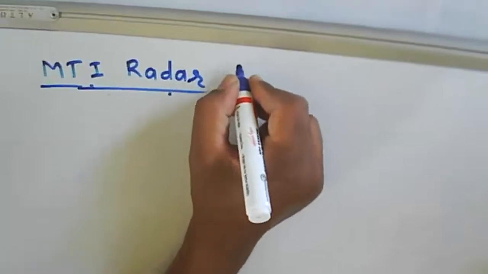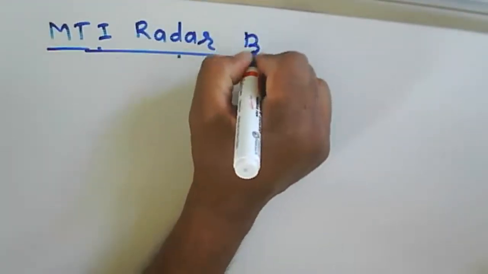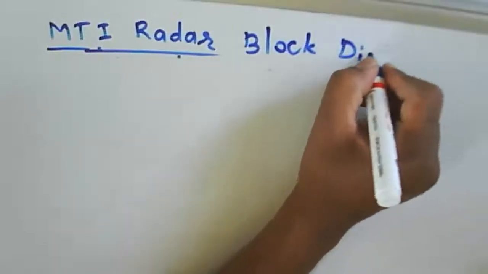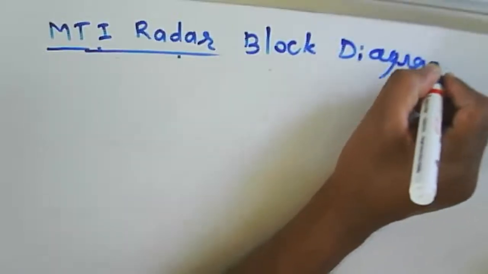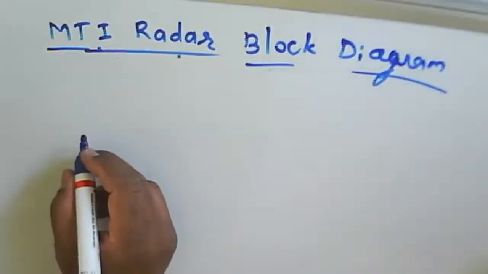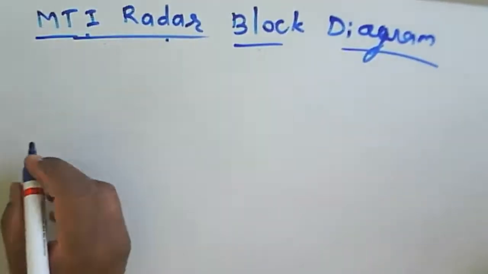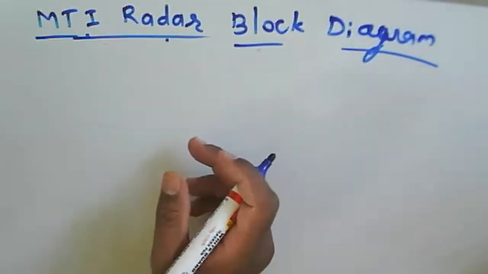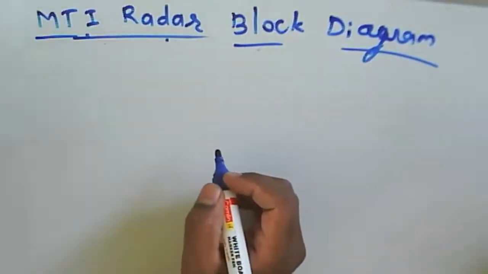So the MTI radar, what is the block diagram of an MTI radar? This is the block diagram of an MTI radar. We have seen earlier that there is a mixer, only a single mixer is used, and in the earlier case we saw only the heterodyne structure.